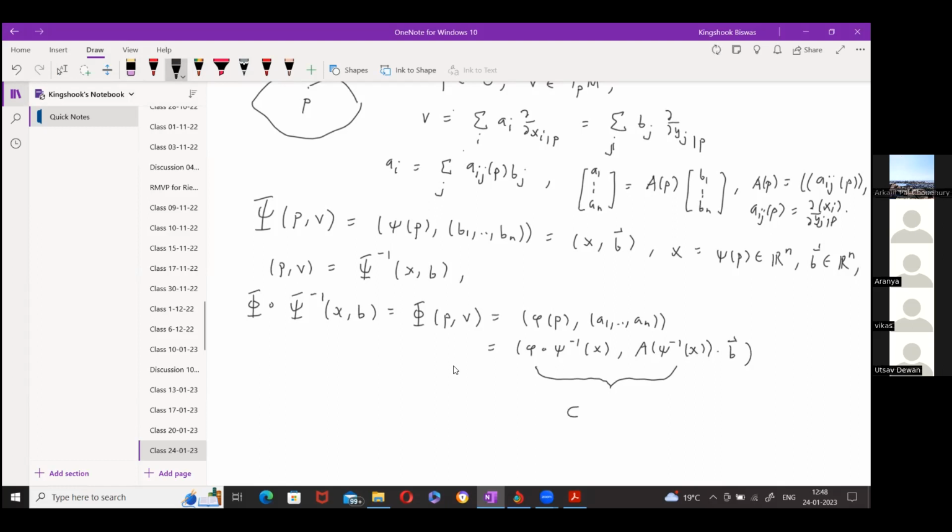So this whole thing is a C infinity function of the pair (x, b) in R^2n, and it belongs to R^2n. So this is a smooth map from R^2n to R^2n. It's a smooth diffeomorphism because the inverse will be capital phi inverse composed with phi, which has the same form, also a smooth map from R^2n to R^2n. Is this clear?